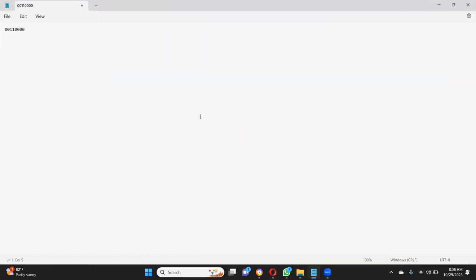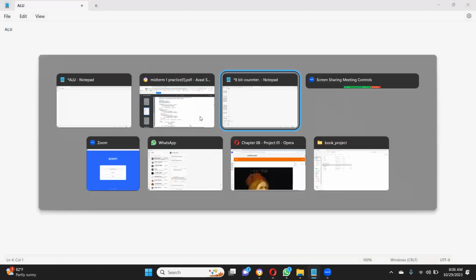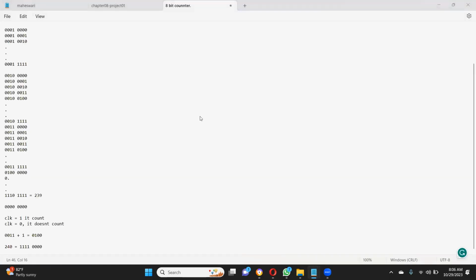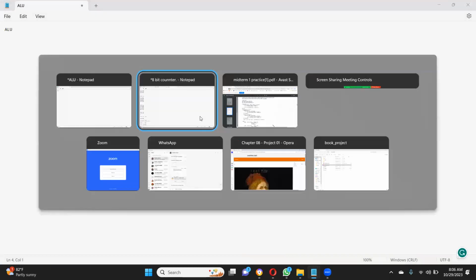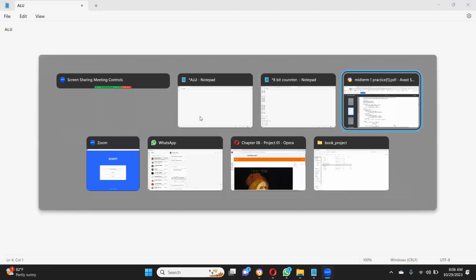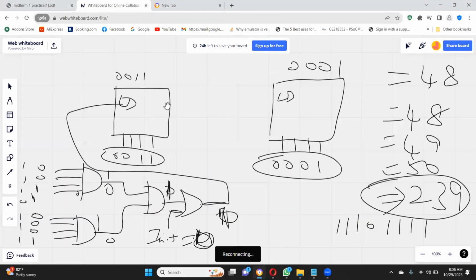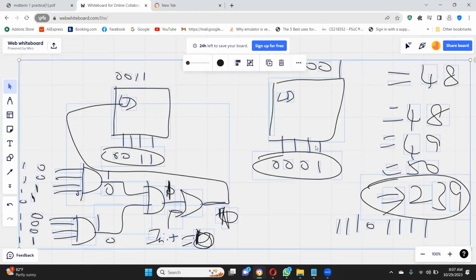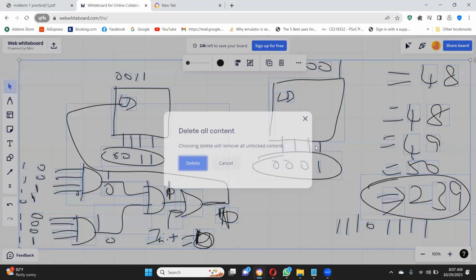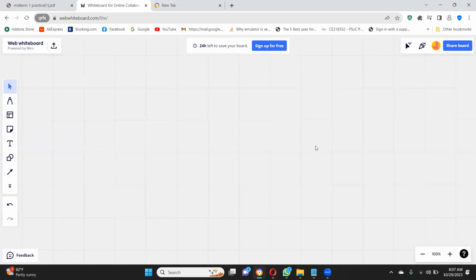For example, there is an ALU, right? Wait, let me draw it. So there is an ALU, and the ALU symbol will be like this.